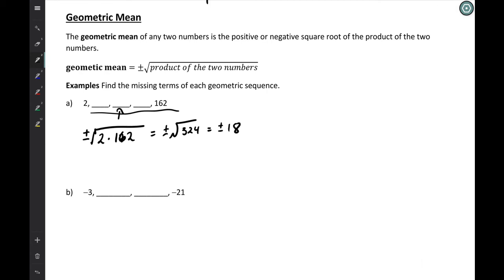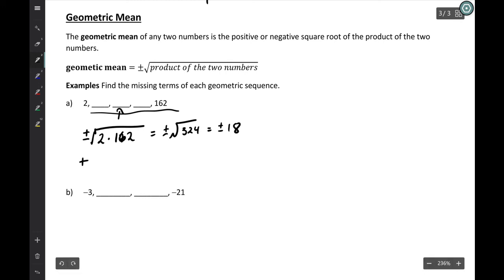Now, because there's a plus or minus, we kind of have to decide. And this is a really important aspect of geometric sequences, in that they can change sign positive to negative depending on whether or not your r value is positive or negative. So let's do kind of a sign test.